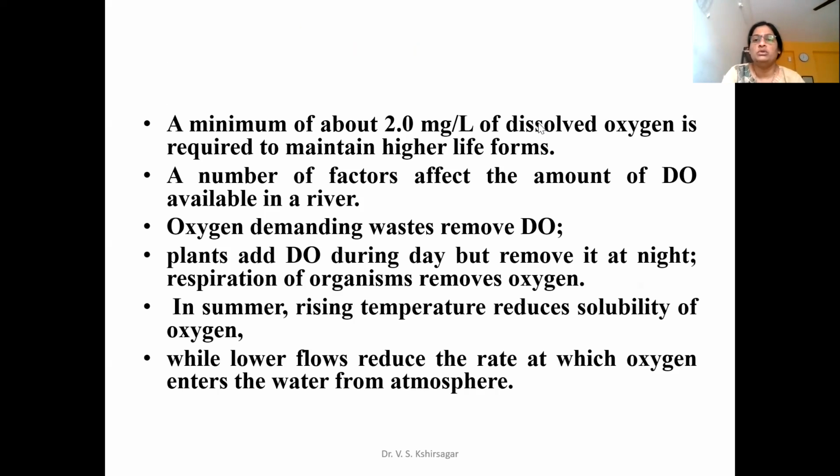A minimum of about 2.0 milligram per liter of dissolved oxygen is required to maintain the higher life forms. If it goes below that, it will start killing the aquatic plants and aquatic animals in the body.